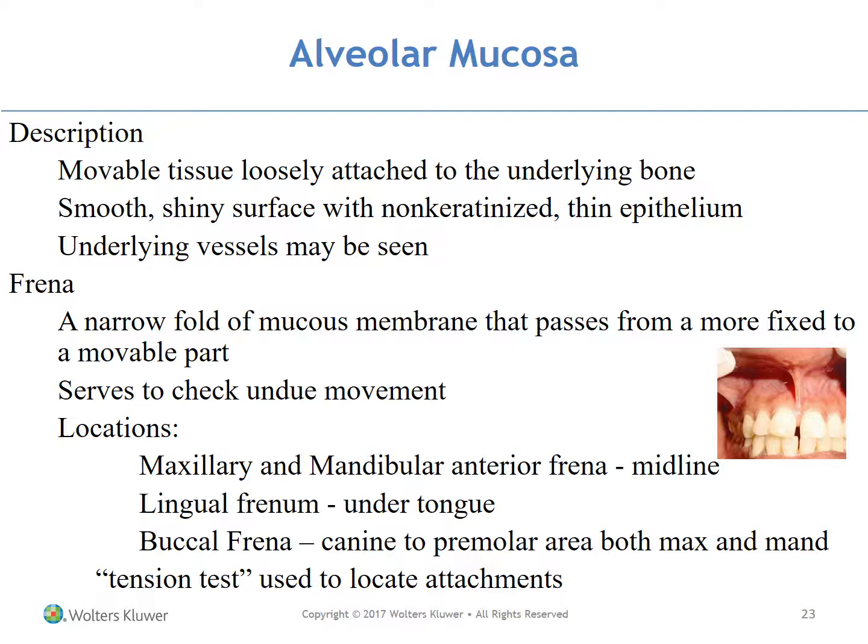So a tension test is what is used. You do need to know that, so underline it, highlight it, write it down, whatever you need to do. But the tension test is how we locate those. So we're going to pull the lip out, and you're going to move it side to side, create a little tension to check them, okay?